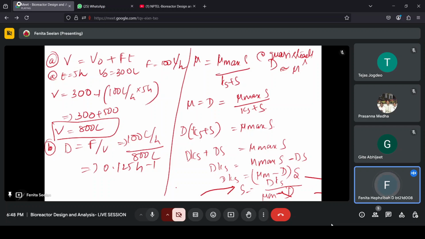Now you know the value of D, you know mu max, and you know the value of Ks also, so you can just substitute.